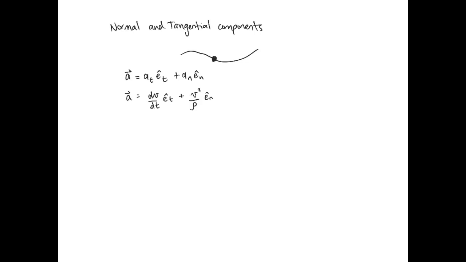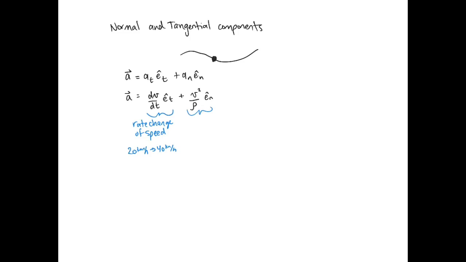So this component of the acceleration is the rate of change of the speed. So is the car going from 20 kilometers an hour to 40 kilometers an hour, for example? This term captures that part of the acceleration.